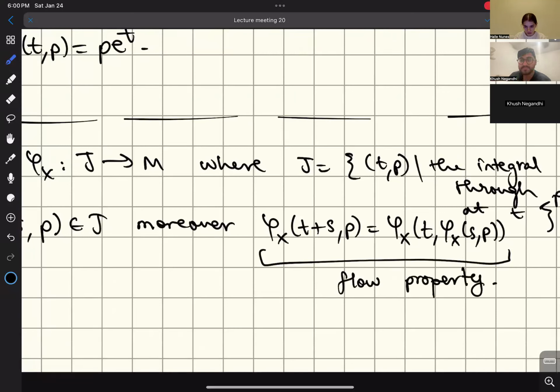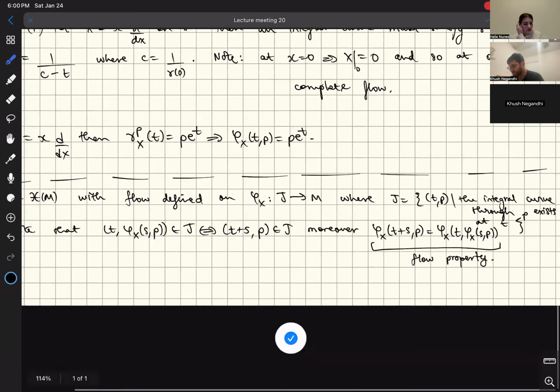Since this is such an important theorem and the proof isn't really that hard, we'll prove it.